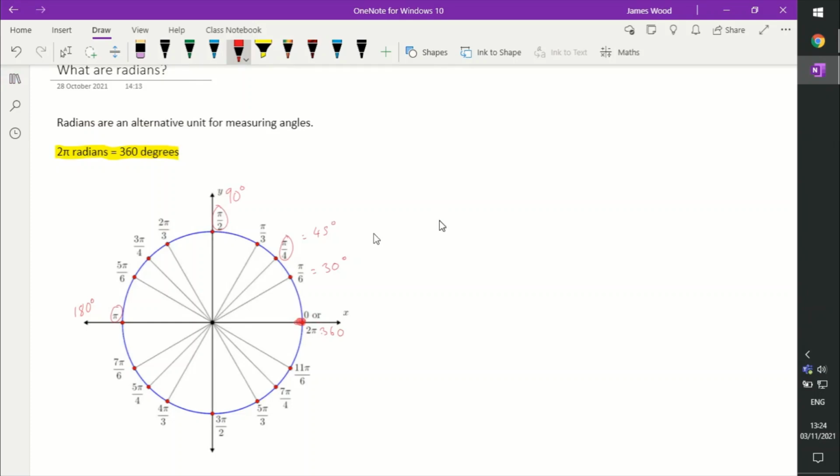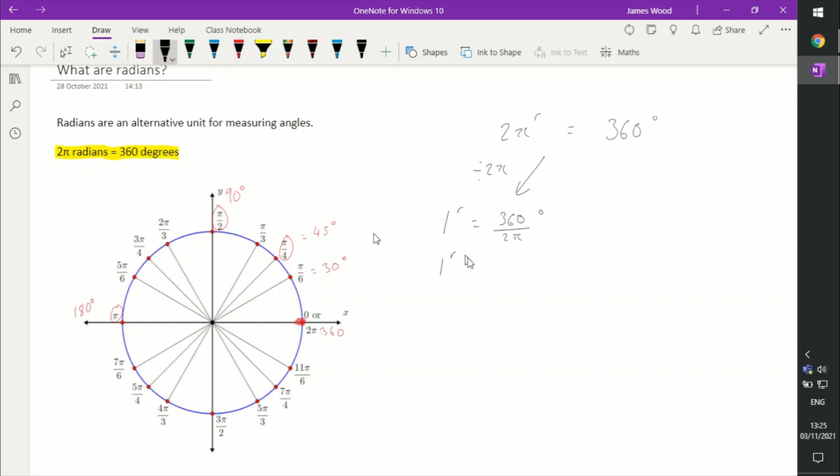So if we know that this is true, we can say that 2 pi radians, you can write a little r, is 360 degrees. Well, that would mean that 1 radian is equal to, so I'm dividing this by 2 pi, 360 divided by 2 pi degrees.